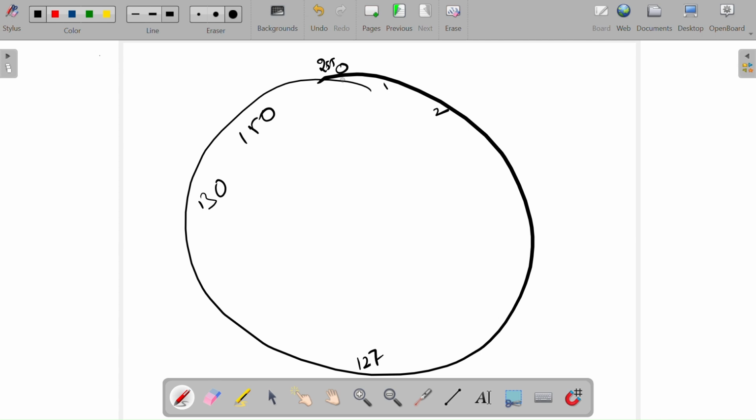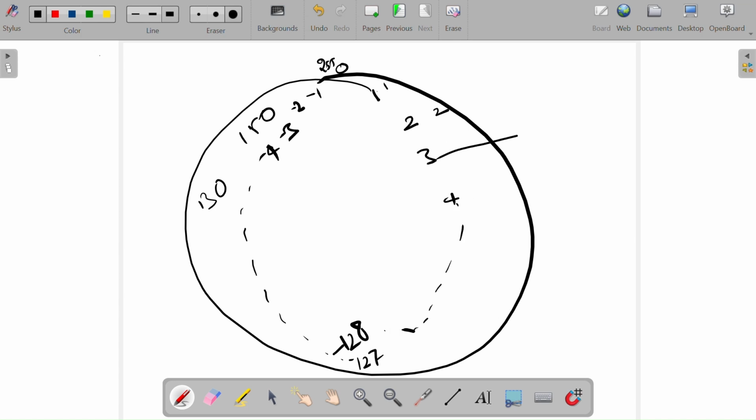This is one circle. Same for negative numbers: how can you represent 1, 2, 3, 4, and then -1, -2, -3, -4 and so on, down to -128, up to +127.